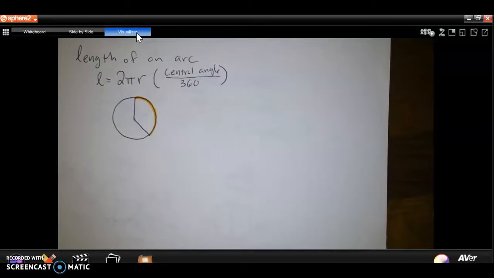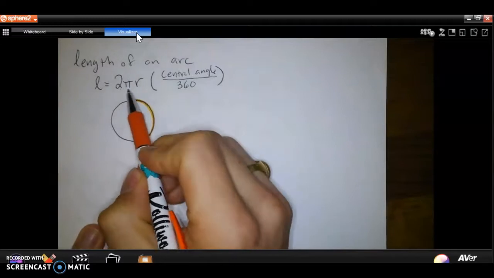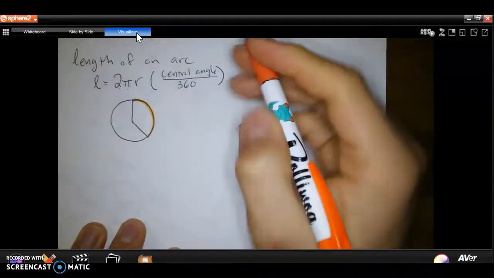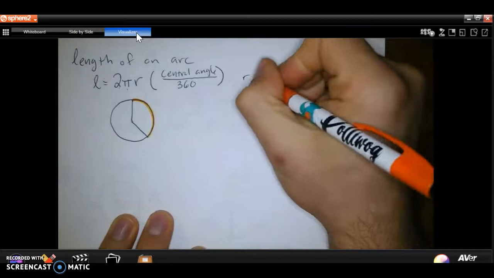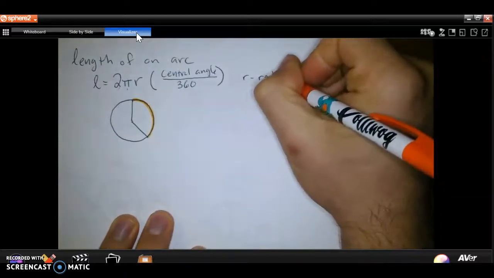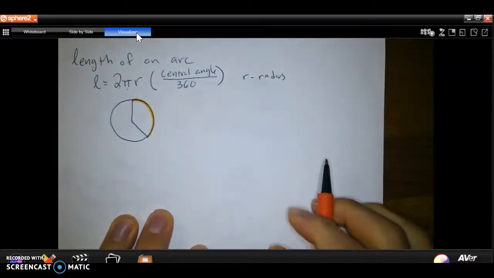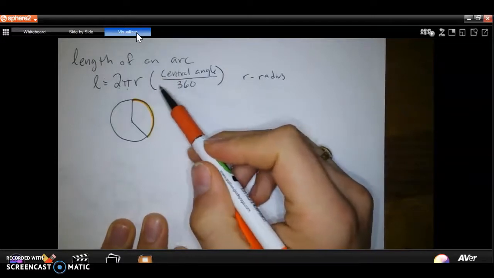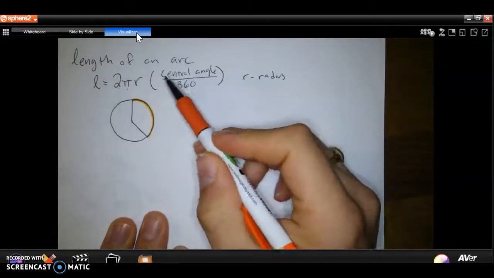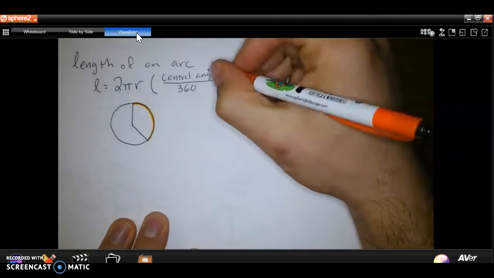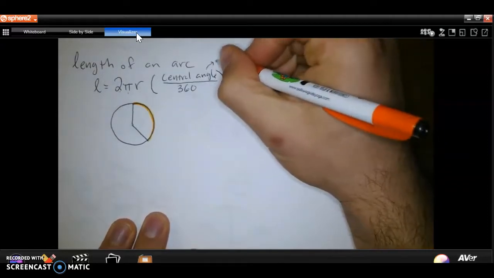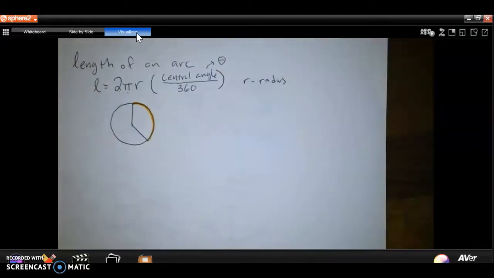The formula we use for length of an arc is 2 pi times r, where r is the radius, times the central angle from last class. I know in the try it section they use theta for this, just to save you from writing out central angle every time.